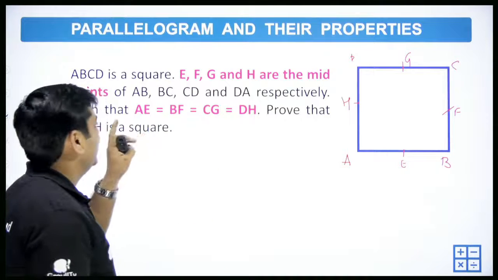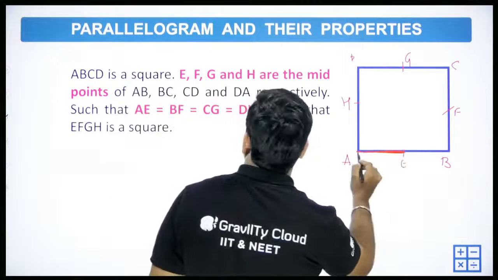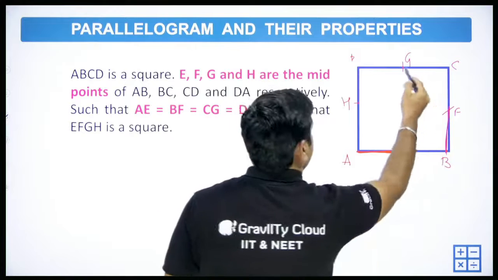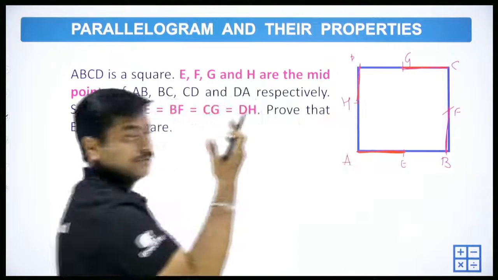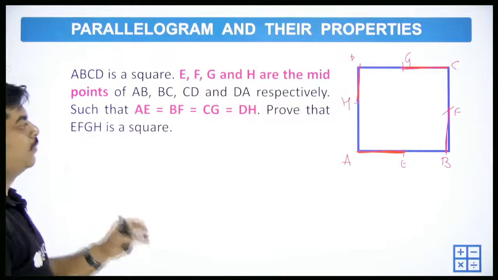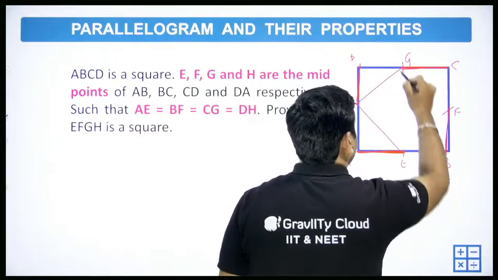Show that AE, where is AE? AE is this one, right? So AE, BF, CG and DH, these are equal, such that these four are already equal. We need to prove that EFGH is a square. So this one should be a square.